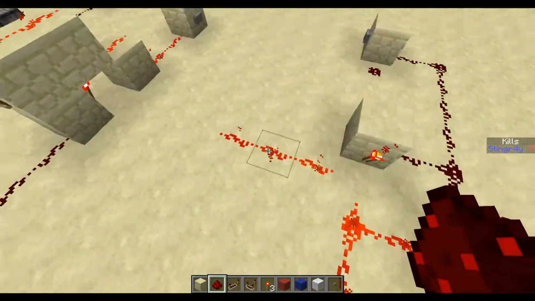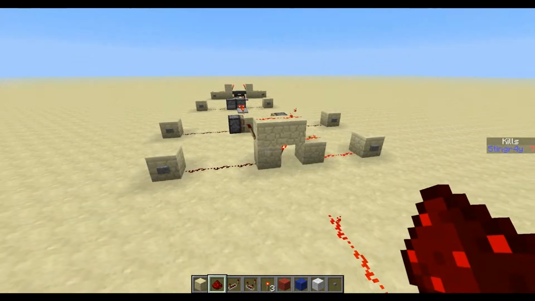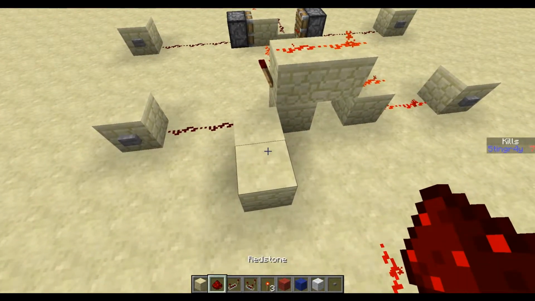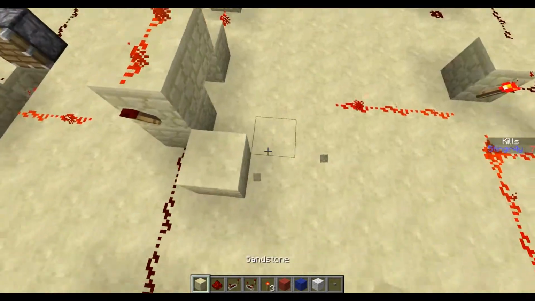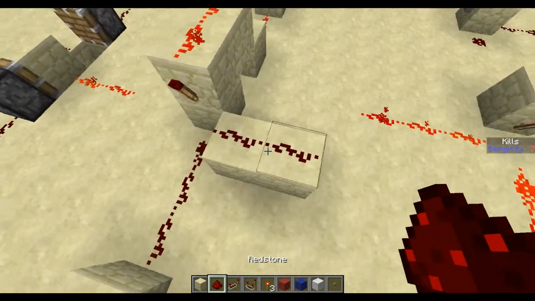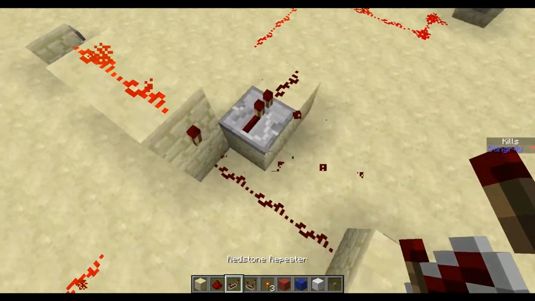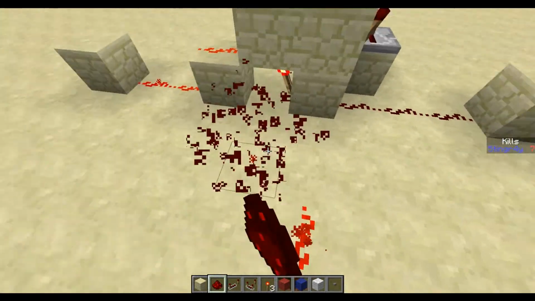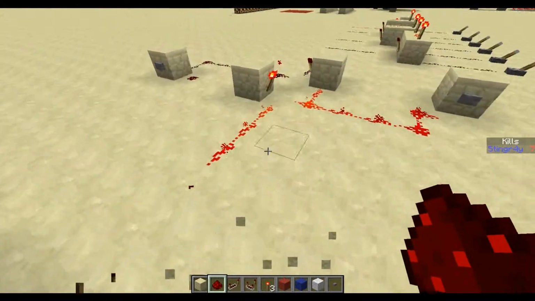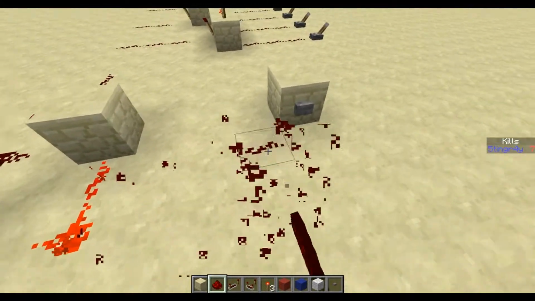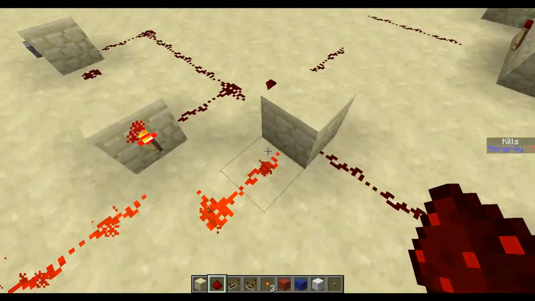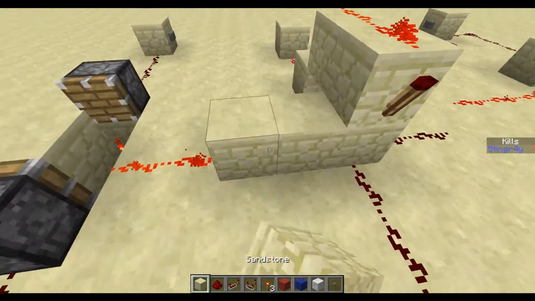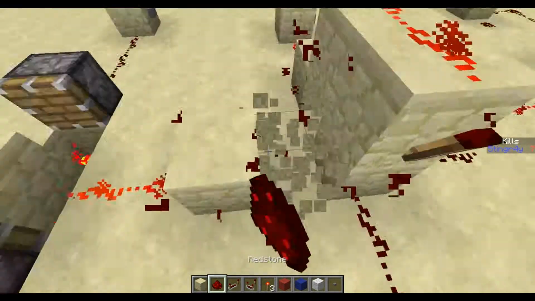If I were to implement these outputs in that one, they would be like here. Obviously I've got to not connect them, and I've got to put this one here. And if I would try to put these type of inputs in here, they would go here and here, like that.